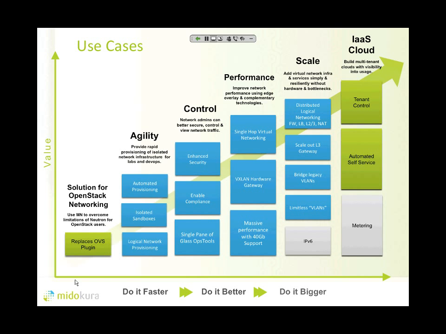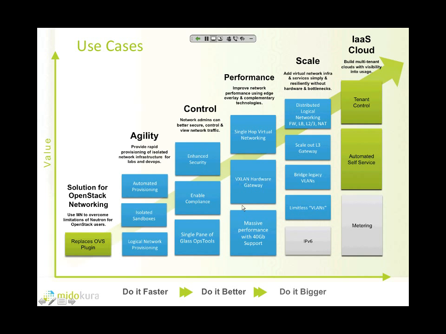As I mentioned a few things, we have this single virtual hop networking, for example. As I mentioned, the OVS plugin we consider to be inefficient for networking. We're applying all our layer 2 through 4 services right at the ingress host, right at the edge or compute host. So this is done in a single virtual hop.